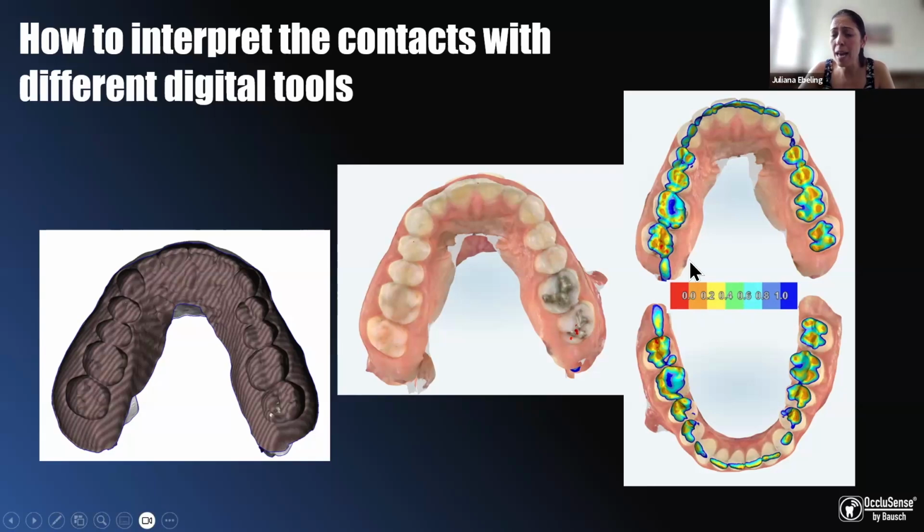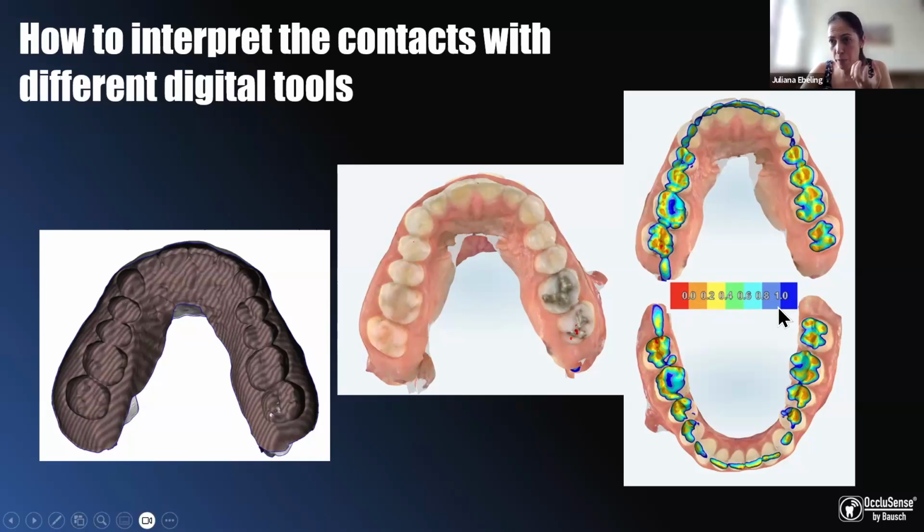But if I am analyzing teeth against an implant, I cannot consider that the implant has this movement, because there is none. So I have to consider that the real contact happens until 100 microns. This is a limitation when we cannot adjust this scale.